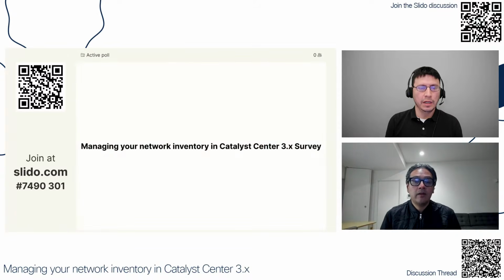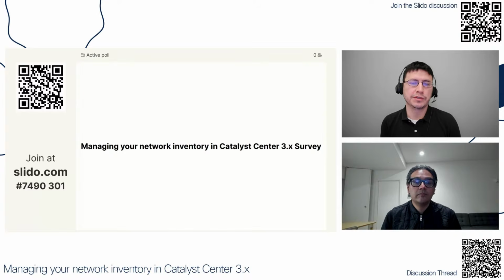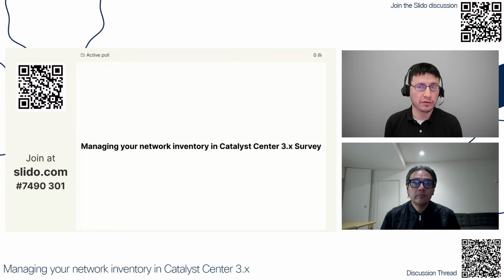Perfect. Thank you, Julio. And final question for you is, what are the primary options available for onboarding existing brownfield devices versus brand new greenfield devices? Well, for brownfield, as long as they comply with the prerequisites, we can go with the discovery tool and scan them via IP address range, CDP or LLDP.